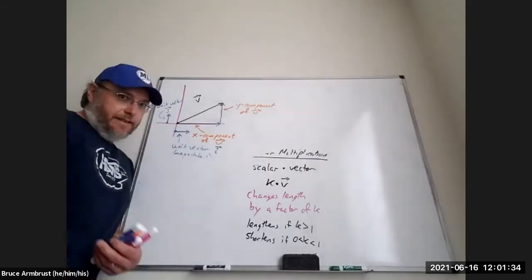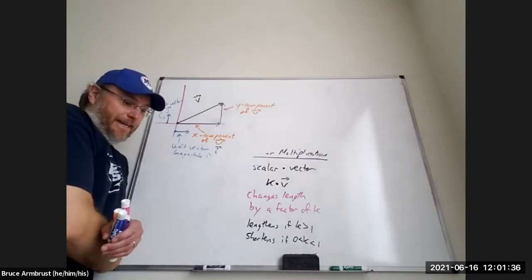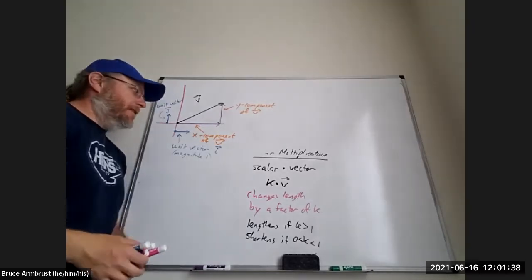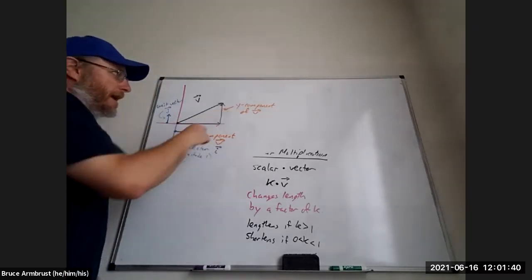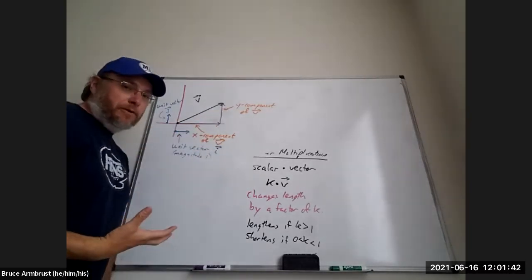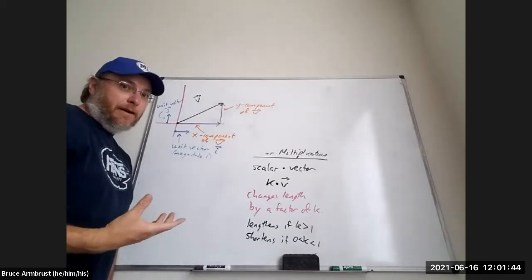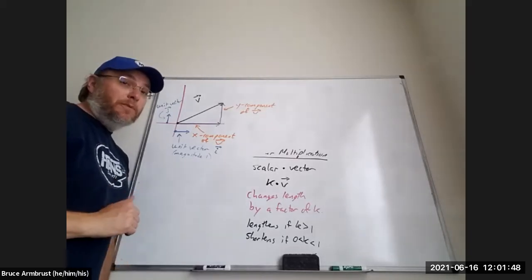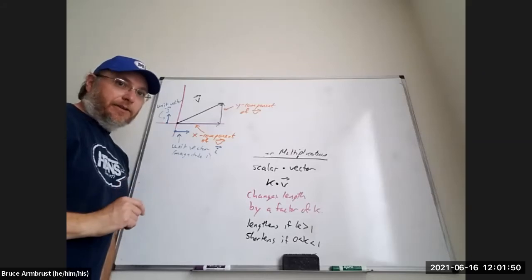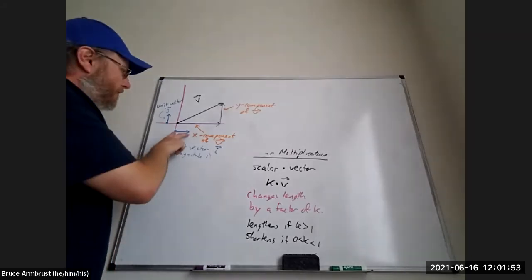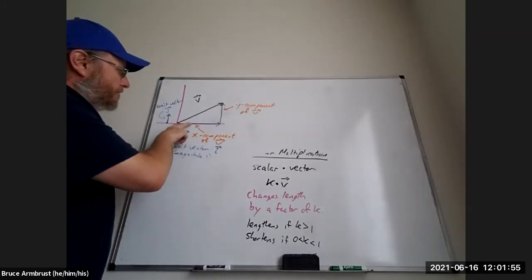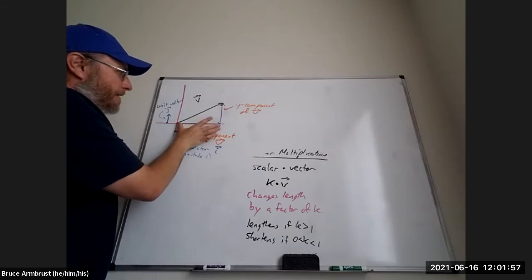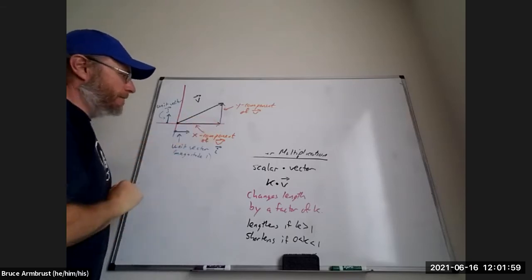There's a reason we need to describe i and j: the x and y components are going to be multiples of i and j. Remember, when we multiply a vector by a scalar, it changes its length. So if this was length 1, I have to multiply it by something to make it long enough to be my x component.